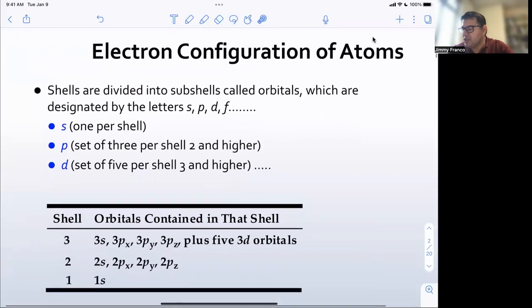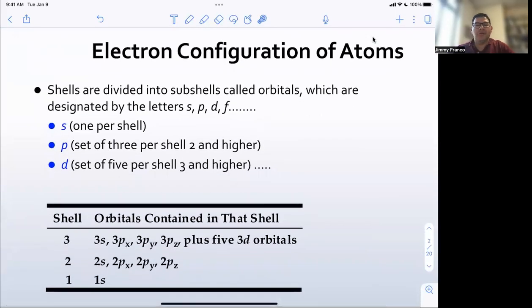I know you saw this in Gen Chem, but I felt like it was worth reviewing. Remember, if this is our nucleus in the middle, our nucleus is made up of neutrons and protons.